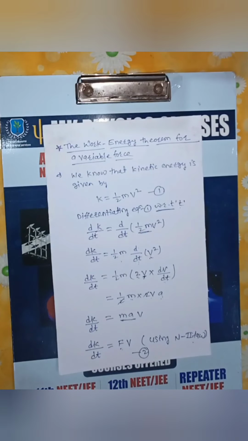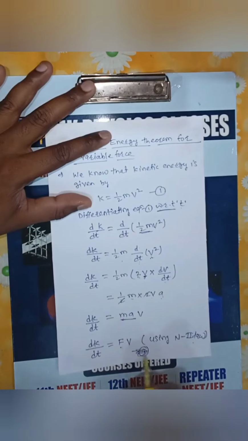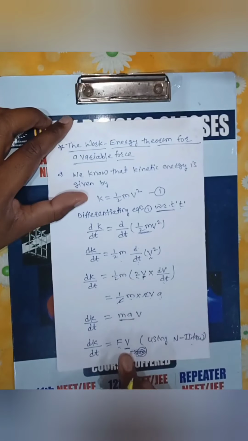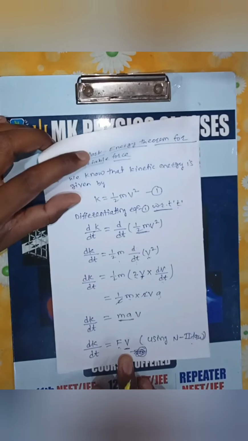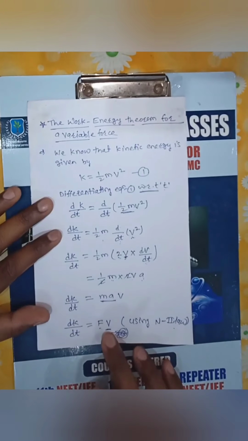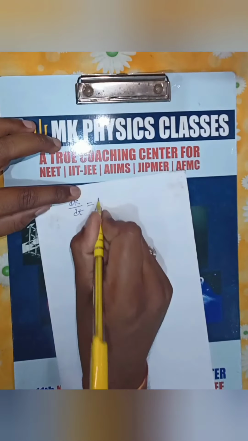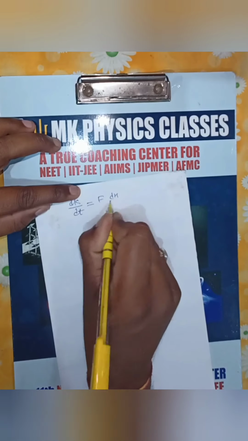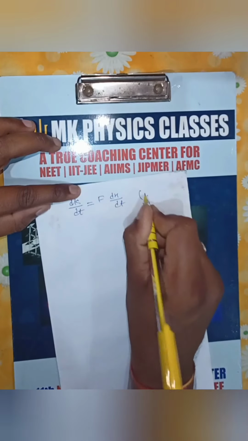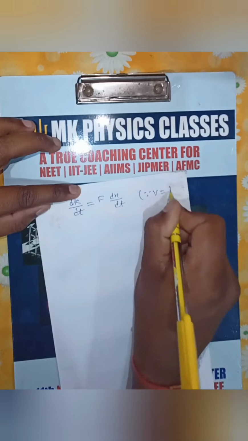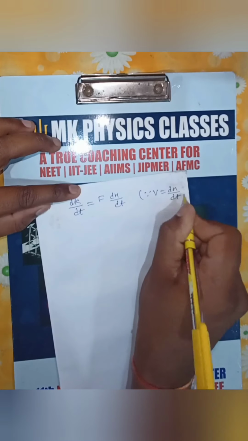Again we know that v is nothing but dx by dt.